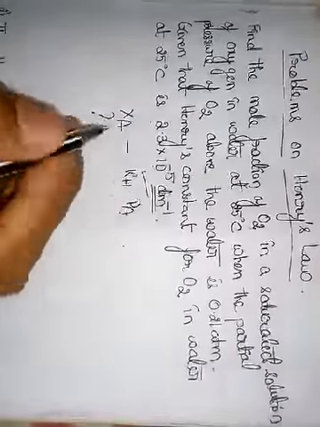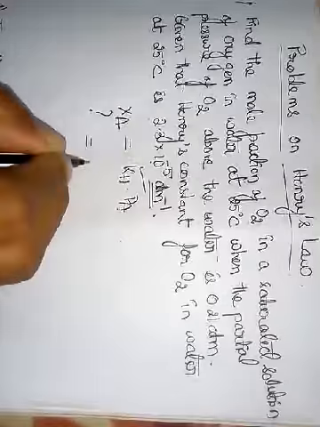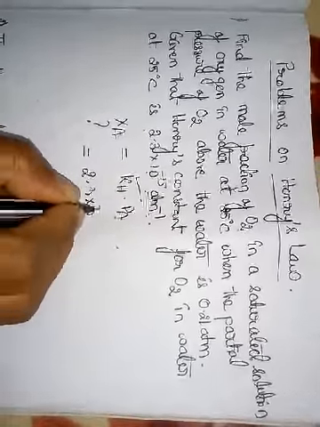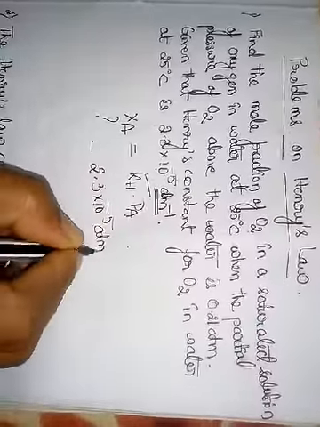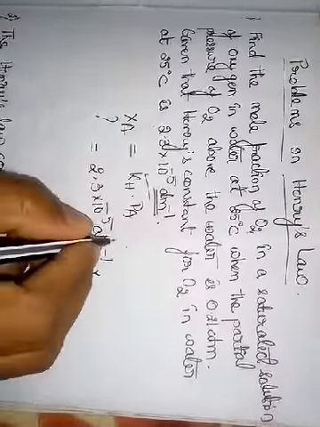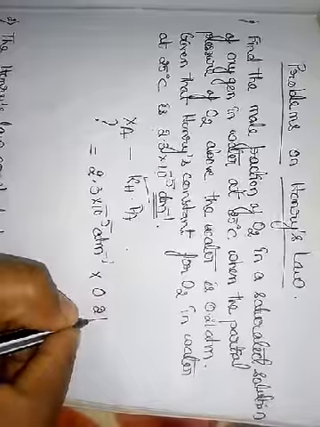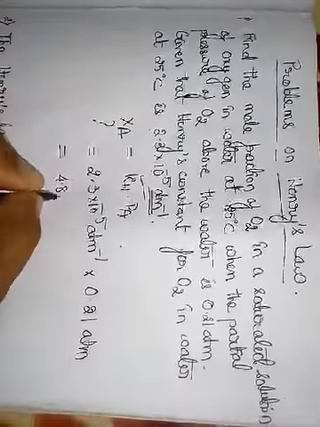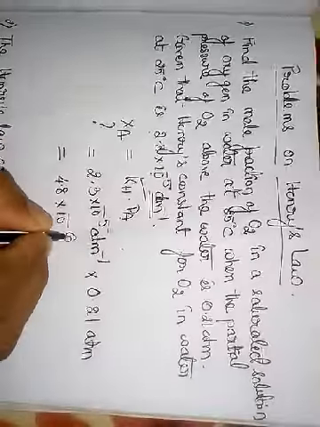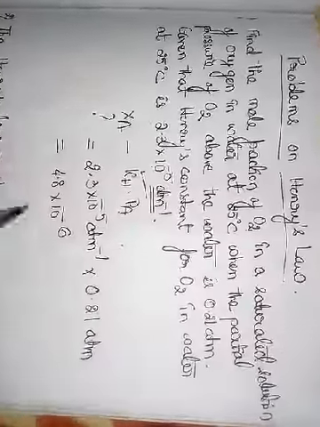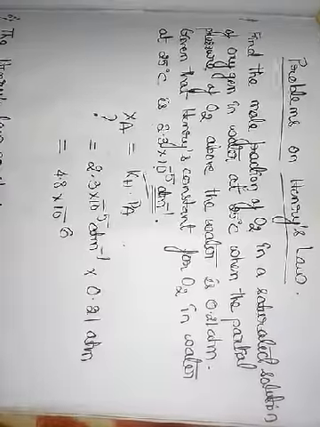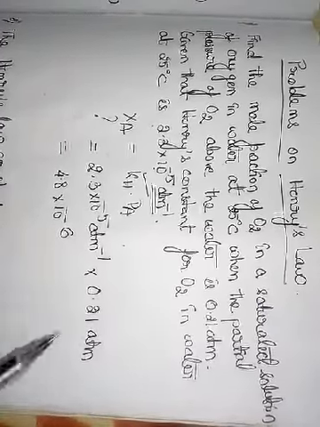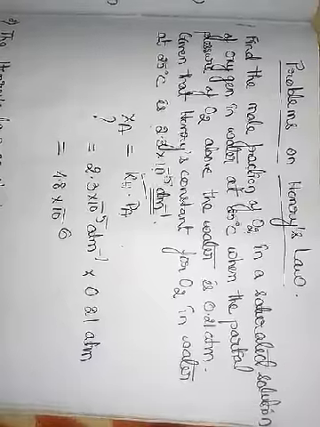So simply substituting in the formula, in place of KH, 2.3 into 10 to the power of minus 5 atm inverse, in place of PA, 0.21 atm, and this is equal to 4.8 into 10 to the power of minus 6. Atm inverse, atm gets cancelled, so no unit for XA. Now, we'll move to another example.